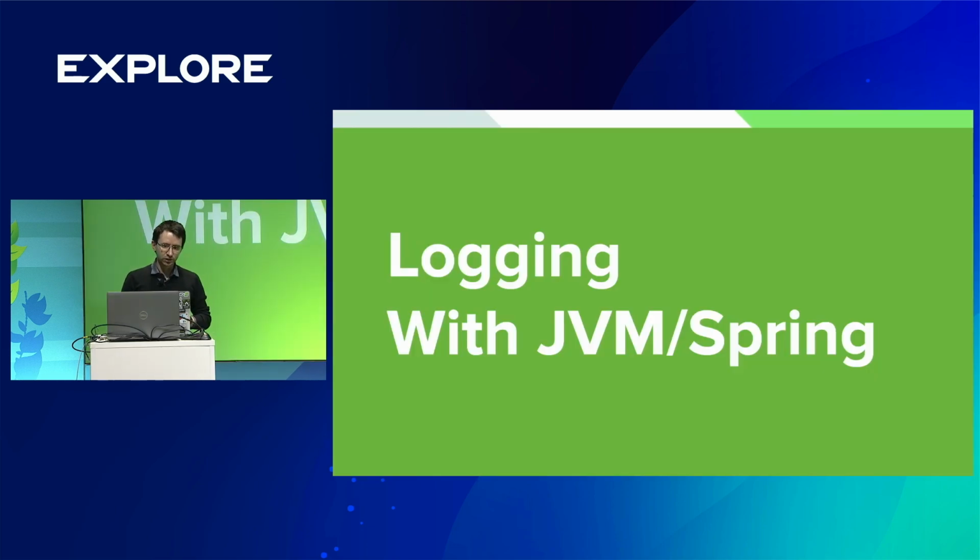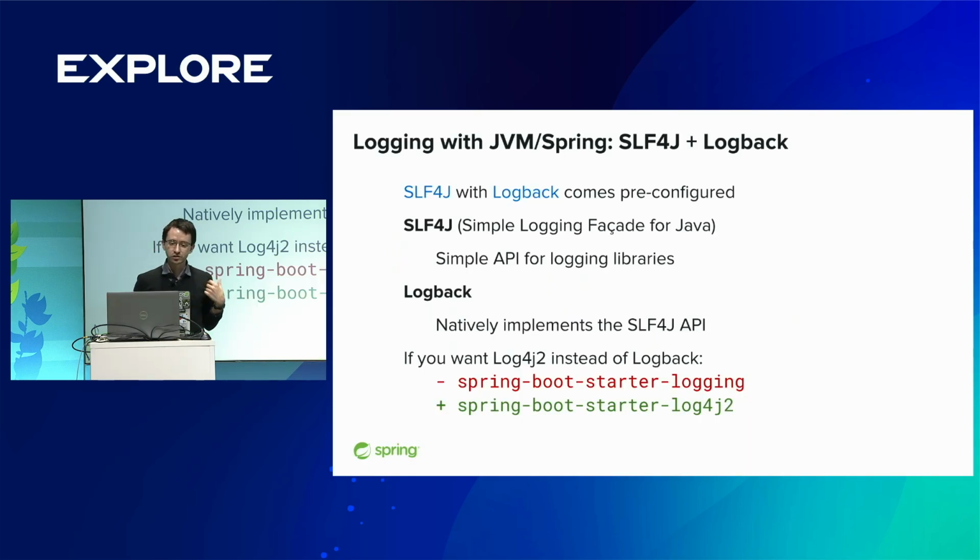But let's say you want to implement these, for example, with Spring, or basically with any JVM applications. If you want to implement logging, we usually recommend using SLF4J with Logback, and Spring Boot comes with these pre-configured. SLF4J stands for Simple Logging Facade for Java.